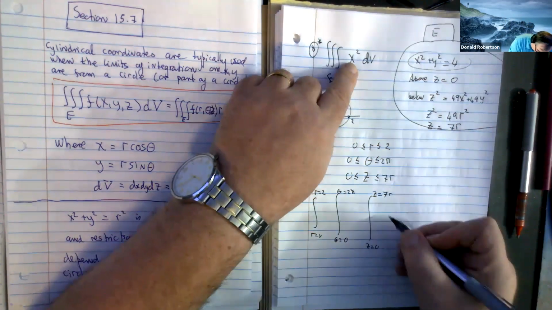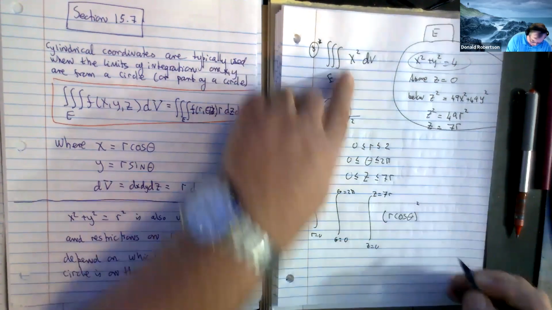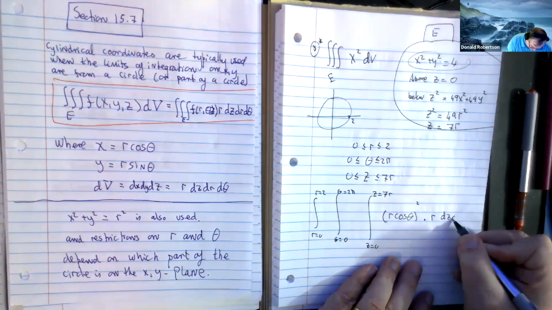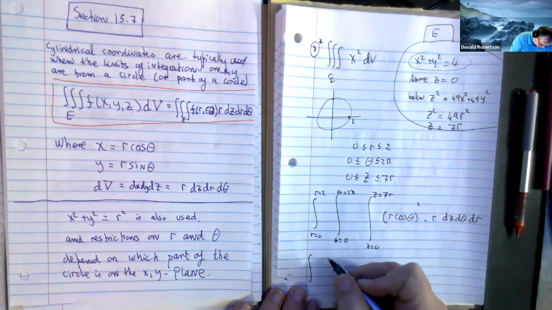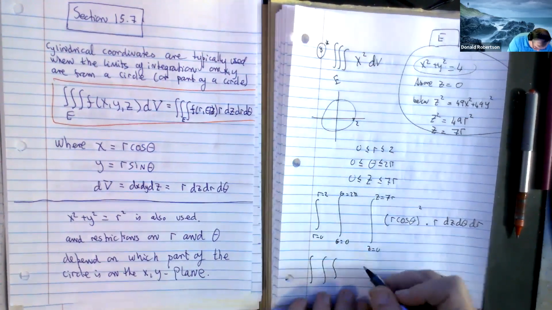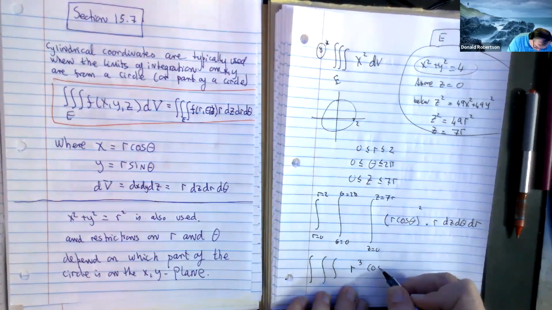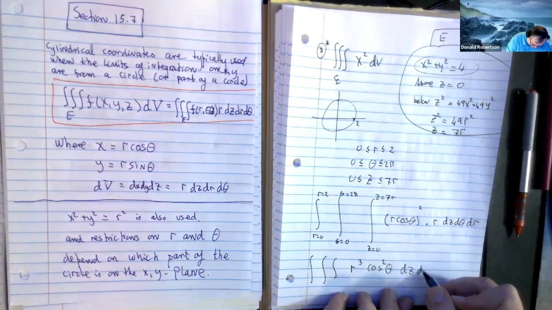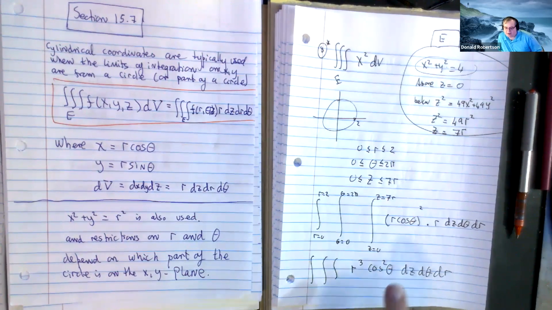Now, in this case, I have x squared, which I'm going to call r cos theta squared. The dV is going to be replaced by r dz d theta dr. And that's going to get me a triple integral, eventually, of r cubed cos squared theta dz d theta dr. And at that point, you would integrate with z.